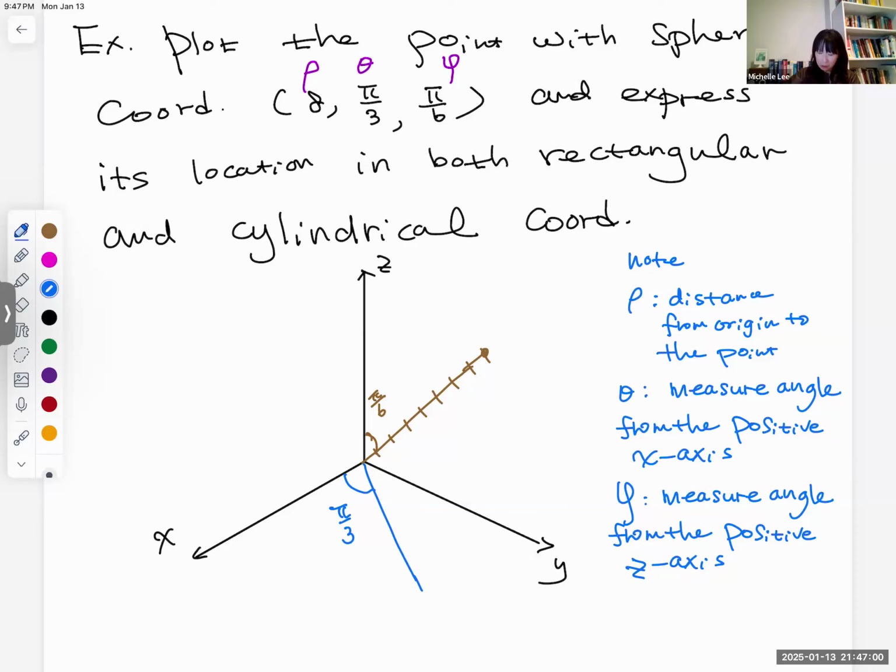Is it a right triangle here? Oh, no. Yeah, the measuring is not accurate.